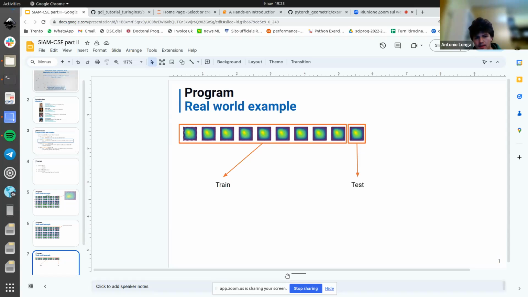Here we are in the middle of what we did so far, because we started with predicting node properties, then we moved to predicting graph properties.